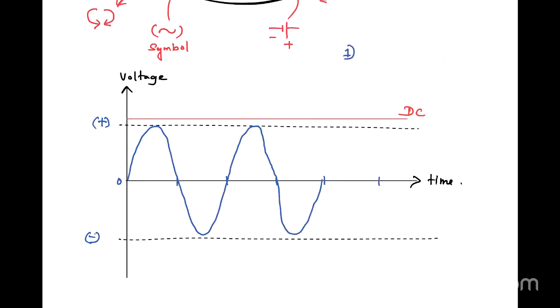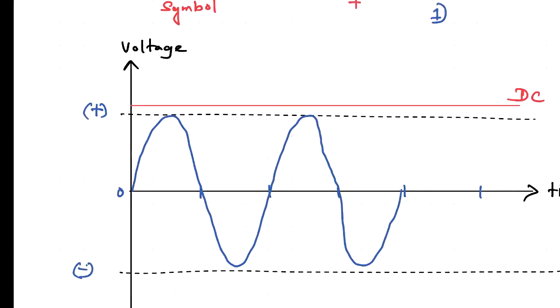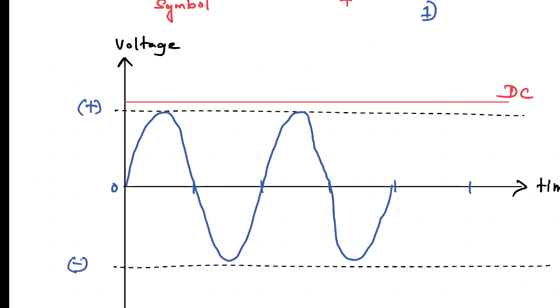And there's a major thing that you need to focus on. Here in alternating current or alternating voltage, you can see that if we consider the DC current, it is fixed on a single value, this one.